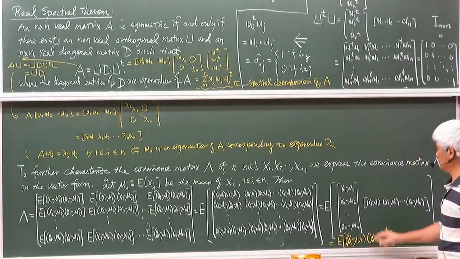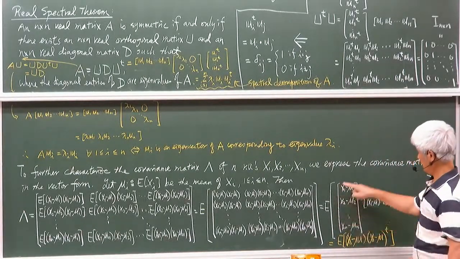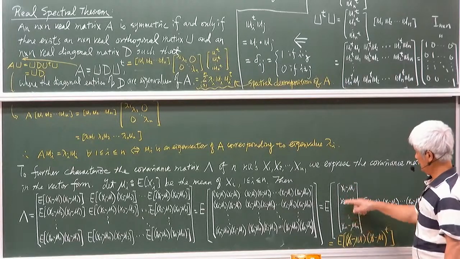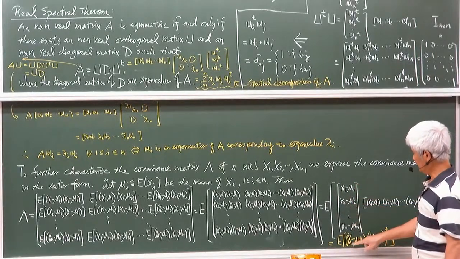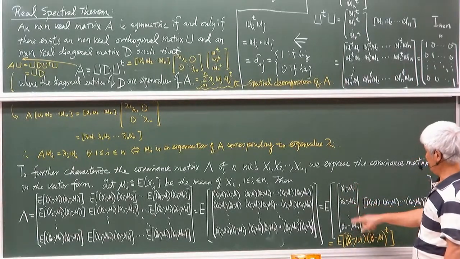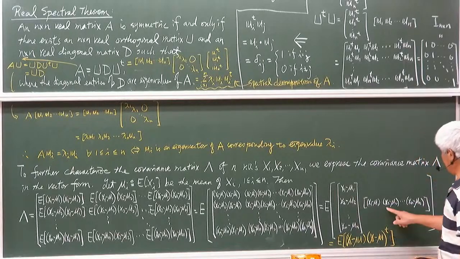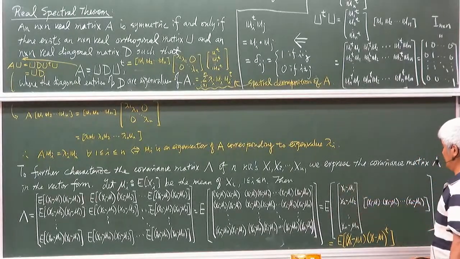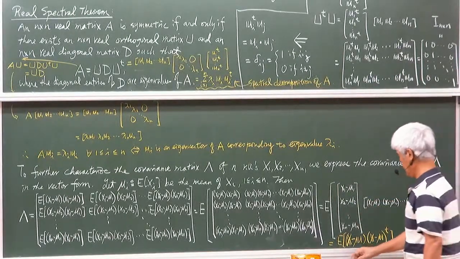This is actually a difference of two column vectors, and this is the transpose of that column vector.